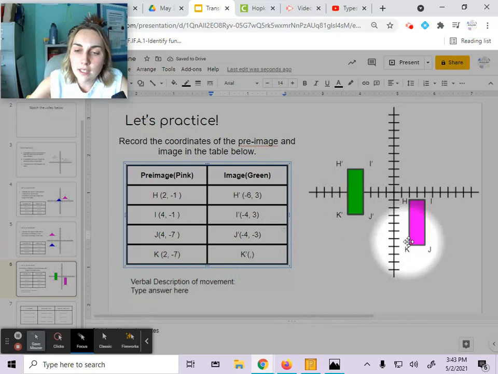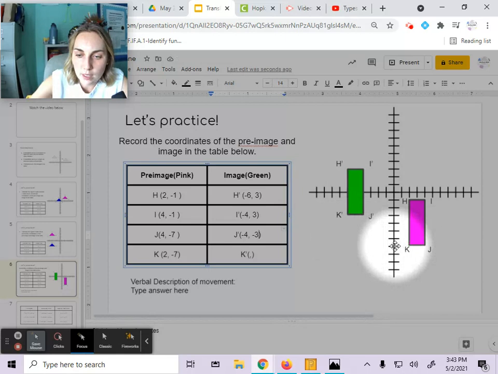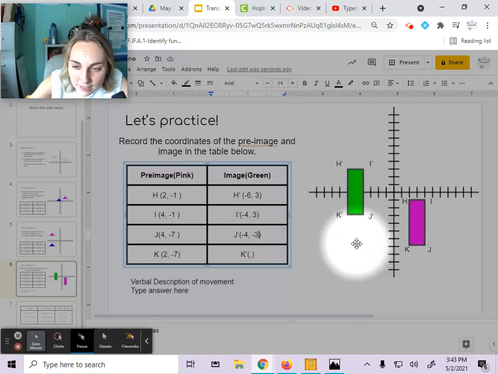And then last but certainly not least, on K, we're moving 8 units to the left and then 4 units up. So we're going to move 1, 2, 3, 4, 5, 6, 7. Okay, where did I mess up? All right, 1, 2, 3, 4, 5, 6, 7, 8. Good.